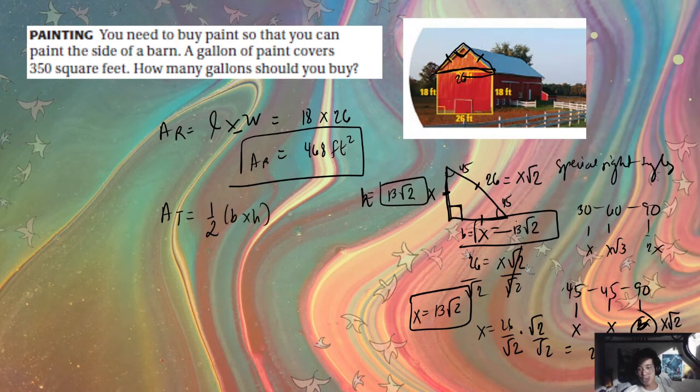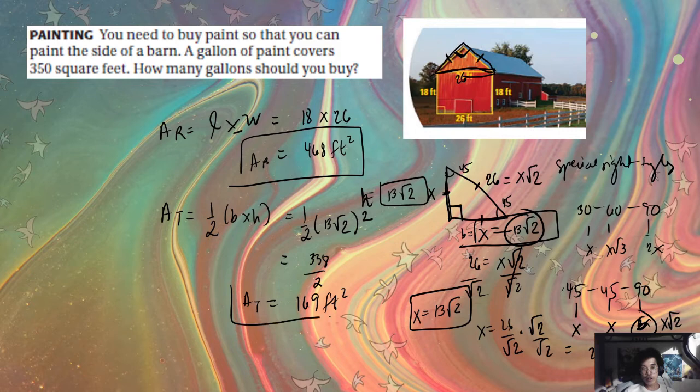The base is 13 square root of 2, and the height is also 13 square root of 2, so you just square it. 13 square root of 2 squared is 338, divided by 2, which is equal to 169 square feet.